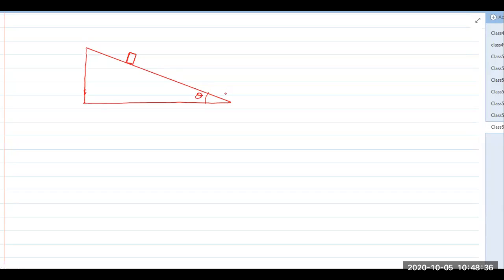But if the whole wedge starts accelerating with a naught, then we will have a pseudo force ma naught acting, apart from mg and the normal force, which generally act.